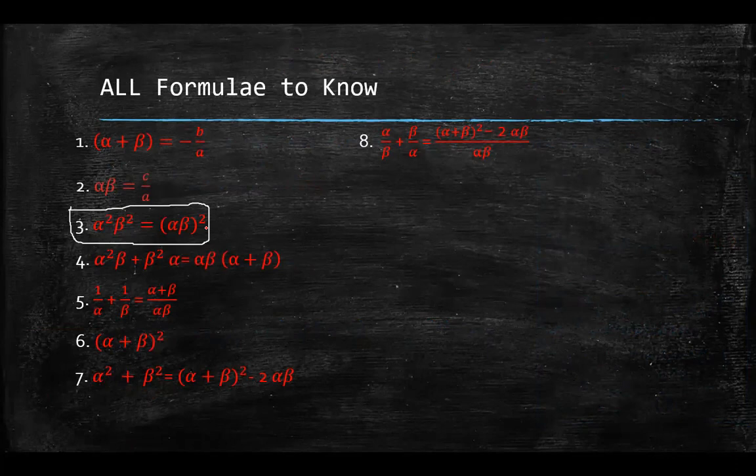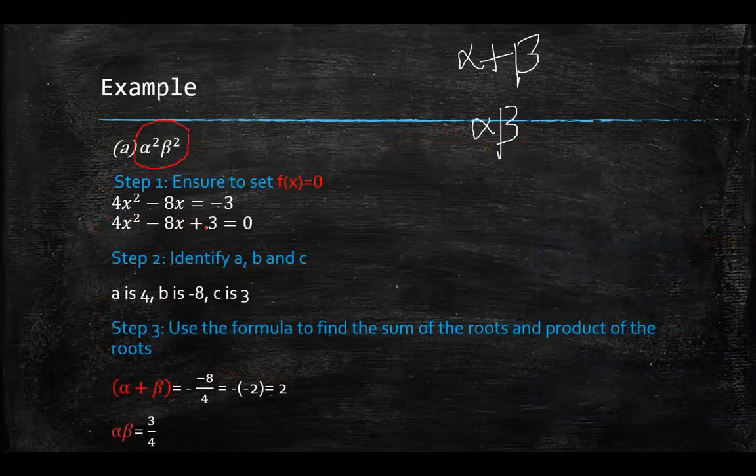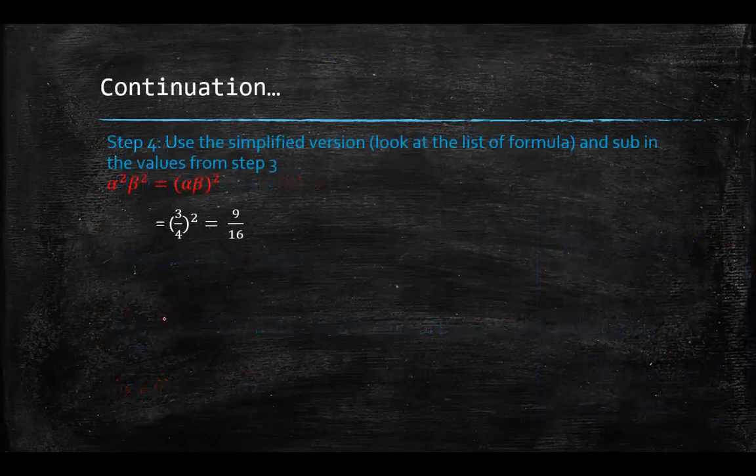Understand so far? And we already found out here that alpha beta is 3/4. So all we need to do now is find the square of that, which is 9 over 16. Everybody, you understand?